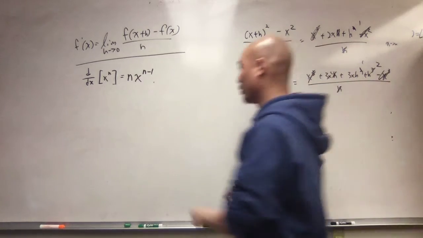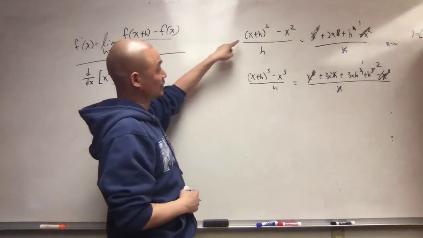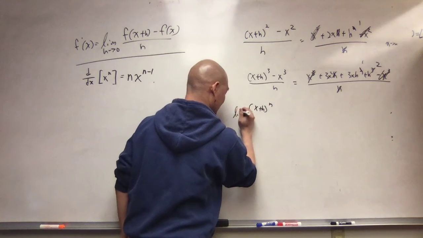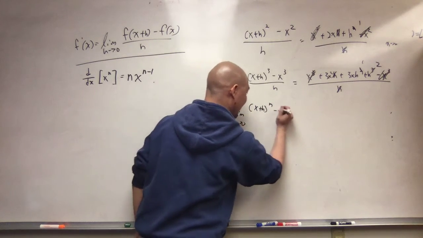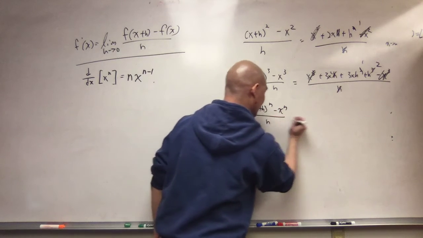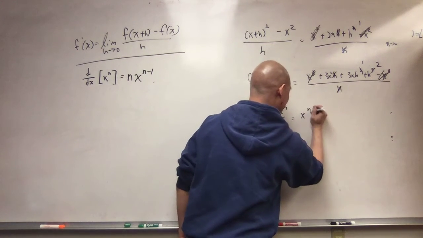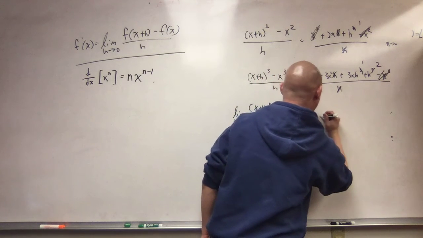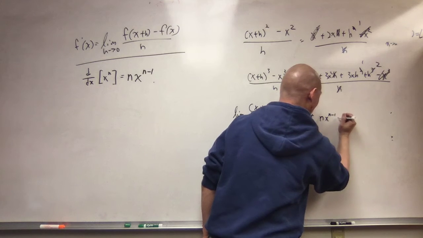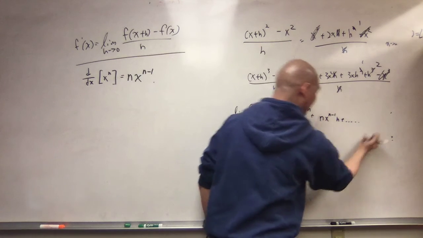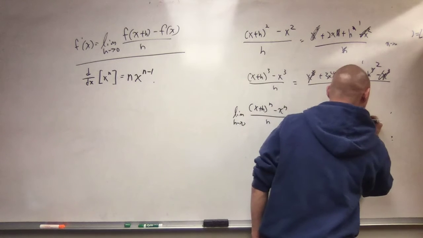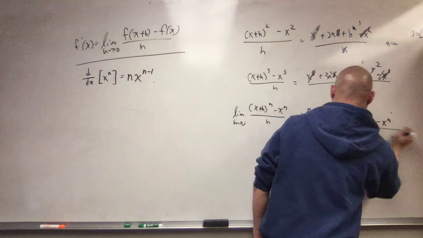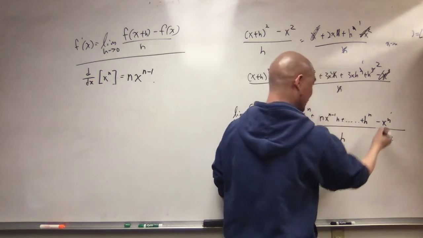So the limit of x plus h to the n minus x to the n over h will give me x to the n plus n x to the n minus 1 h plus a bunch of other stuff with higher h powers, eventually culminating with h to the n, minus x to the n, over h.